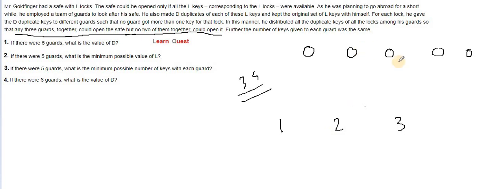So two guards together should not be able to open these five locks. So maybe I can say he is having two keys, he is having two keys, and he is having two keys. If I name these as lock number 1, 2, 3, 4, 5, and he is having lock number 1 and 2's keys and he is having lock number 3 and 4 keys, still they will together not be able to open all the five locks, right? They would need person 3's help to give them lock number 5's key. Then only they will be together able to open it.